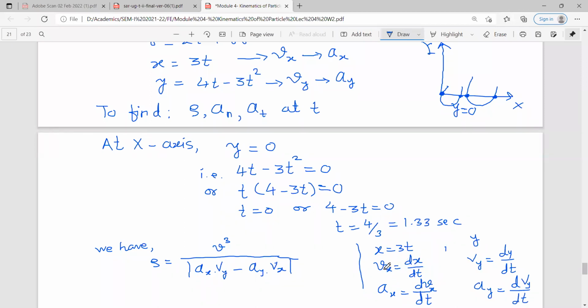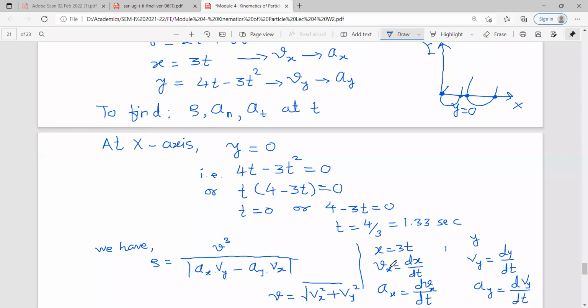Resultant velocity is just the addition of vx and vy in vector form. Resultant velocity is the square root of vx square plus vy square.